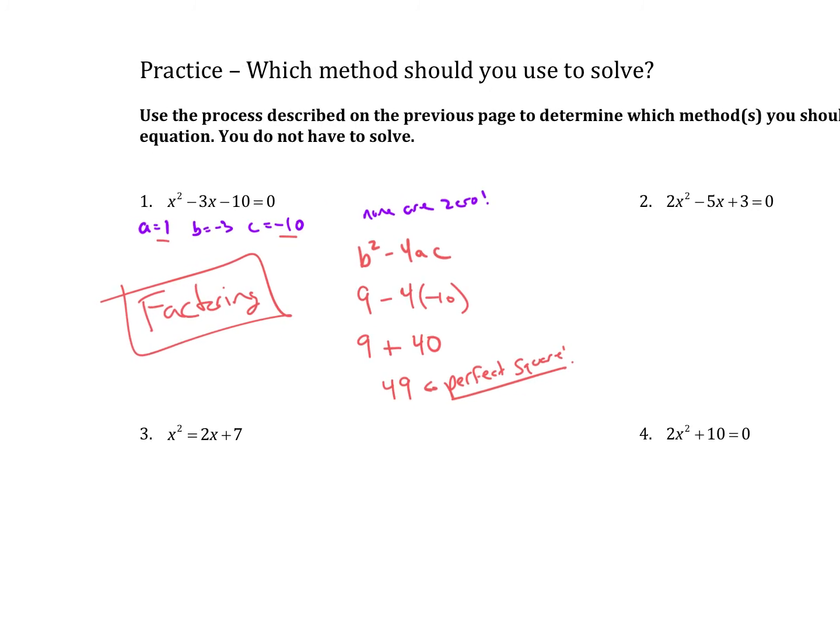Let's look at number 2. In number 2, we have a equals 2, b equals negative 5, c equals 3.